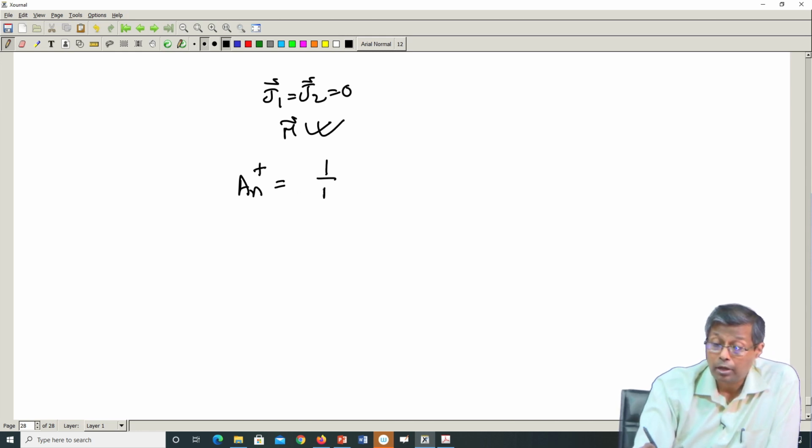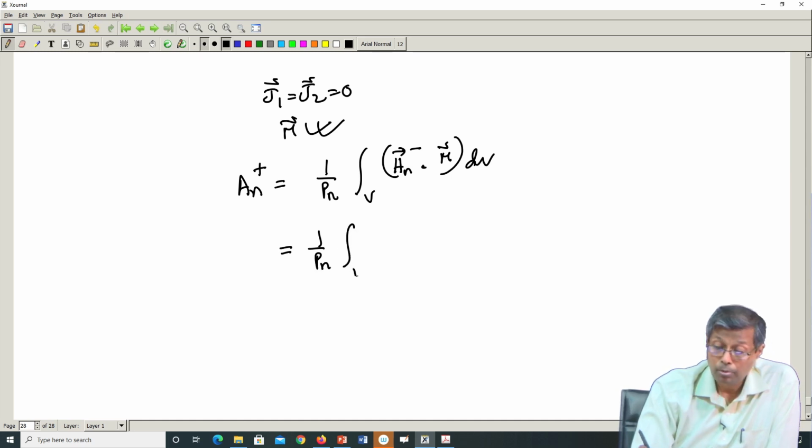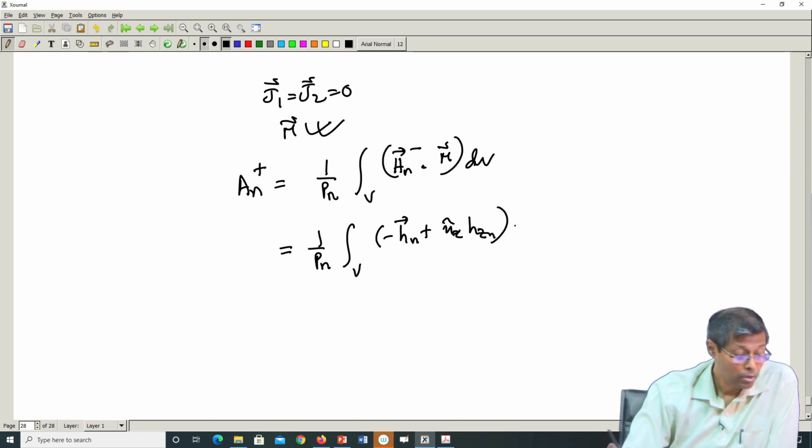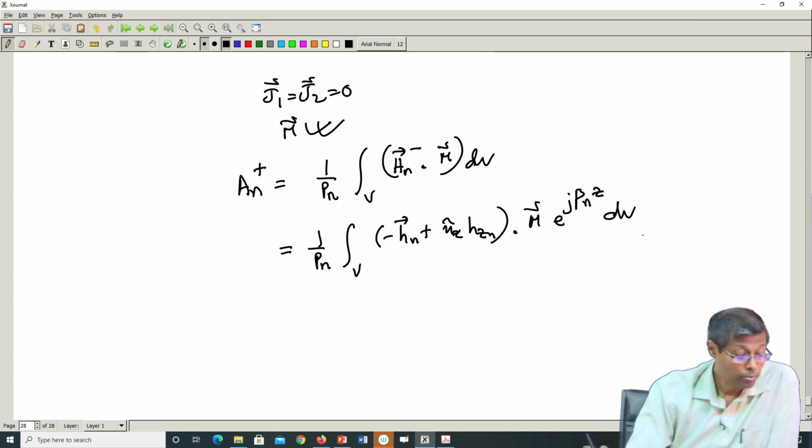So, there we will find A n plus is 1 by P n volume integral H n minus dot M dV, that is 1 by P n volume integral minus H n plus U z H z n dot M e to the power j beta n z dV.